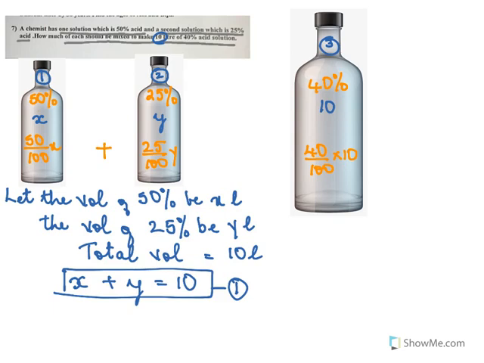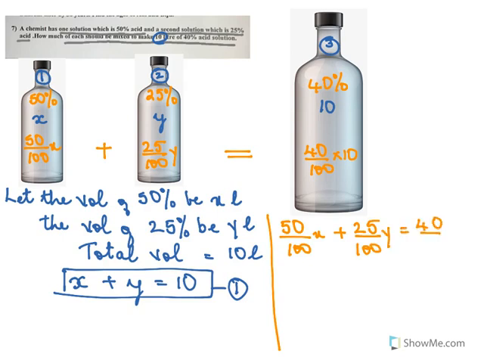So when I add 50% of X plus 25% of Y, I will get 40% of 10. So that is my next equation. So here 50% of X plus 25% of Y equal to 40% of 10.